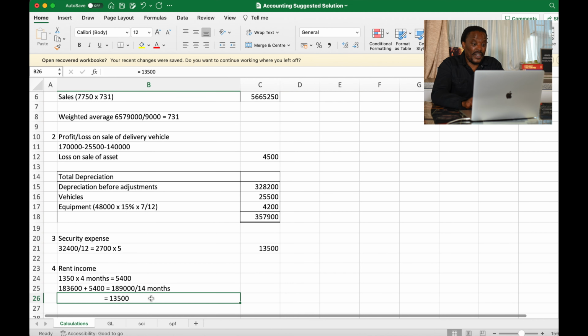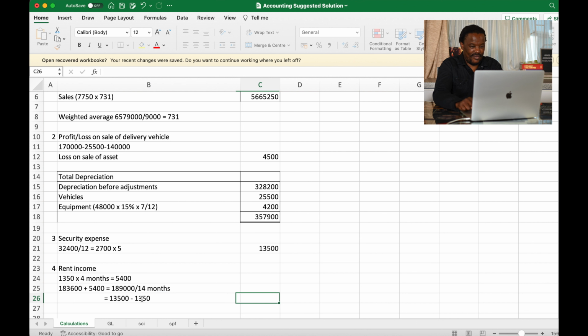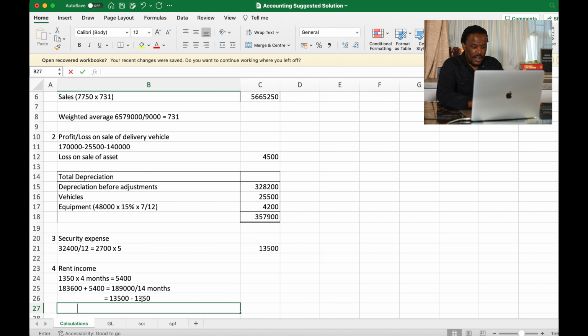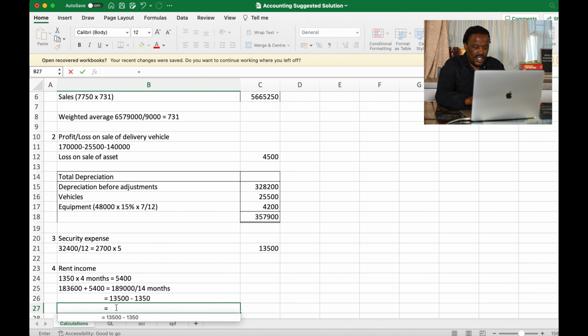Now, this 13,500 assumes that it was not reduced. Per month, now let's reduce it. Minus 1,350. We reduce it now, which equals 12,150 multiplied by 2 months, which we don't want.